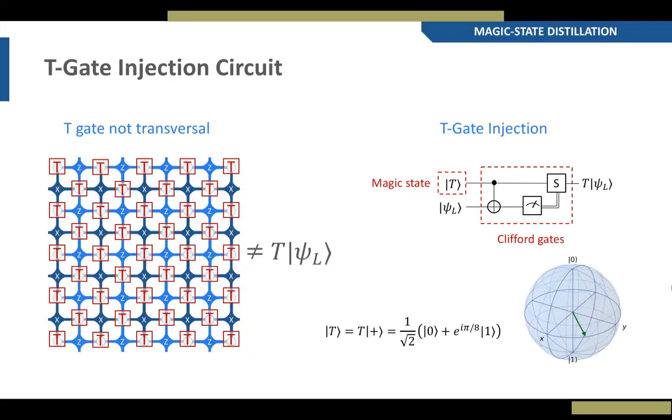That's the phase gate belonging to the Clifford group. However, it requires that you prepare a special logical qubit state in advance, and we call that the T magic state.